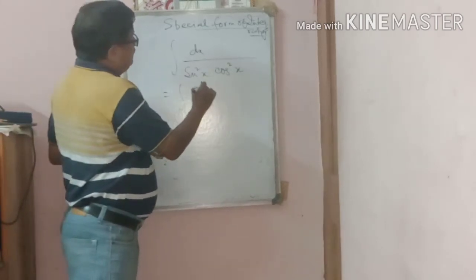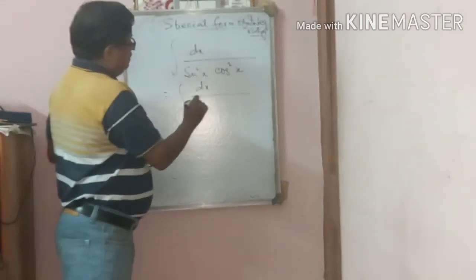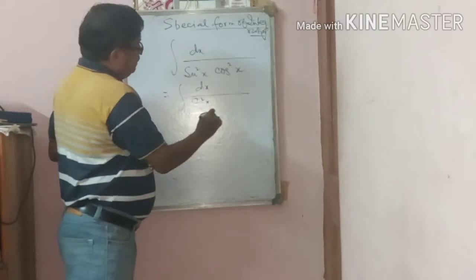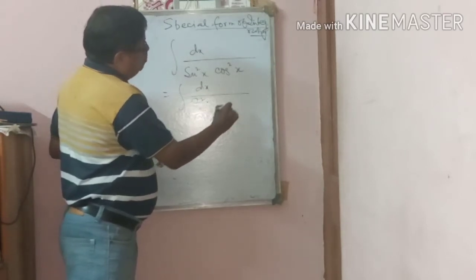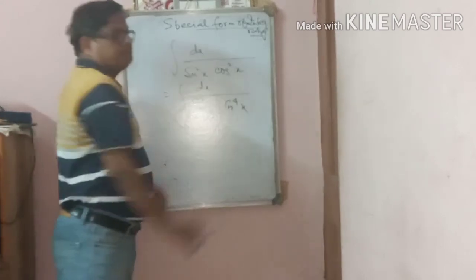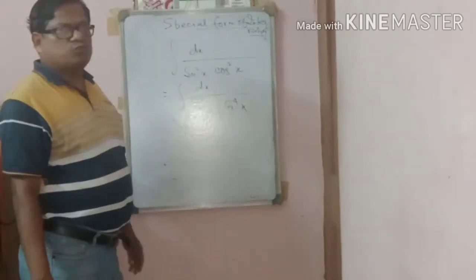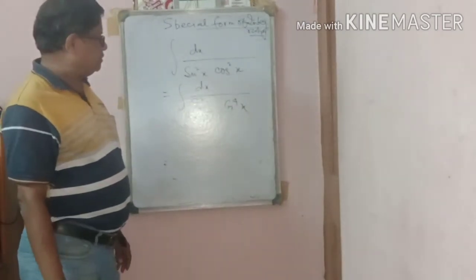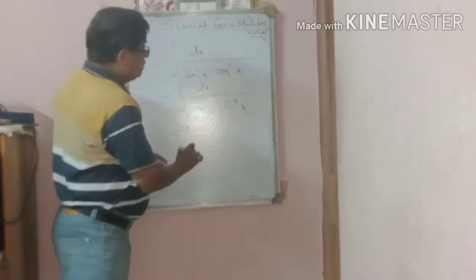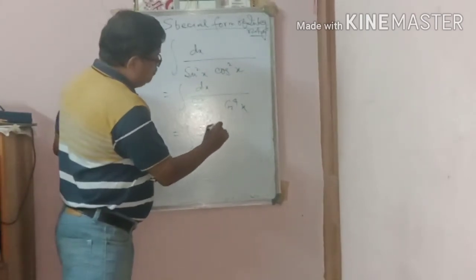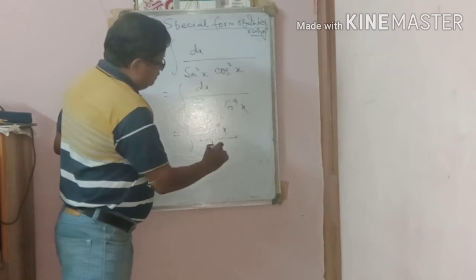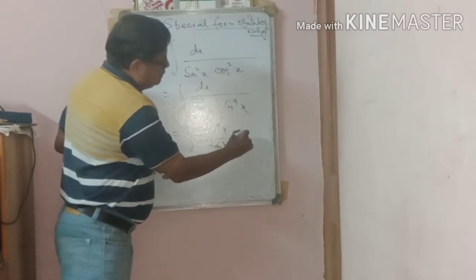So this sum you can write as sin square x by cos square x, that is cos to the power 4x. So 1 by cos to the power 4x is sec to the power 4x by tan square x dx.